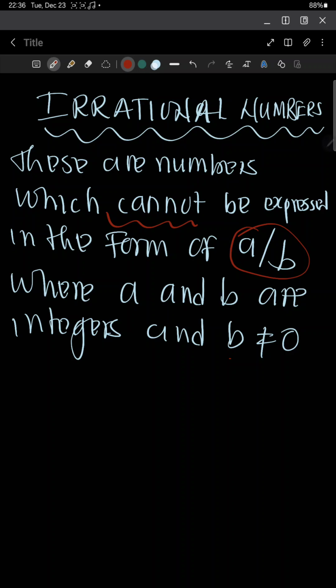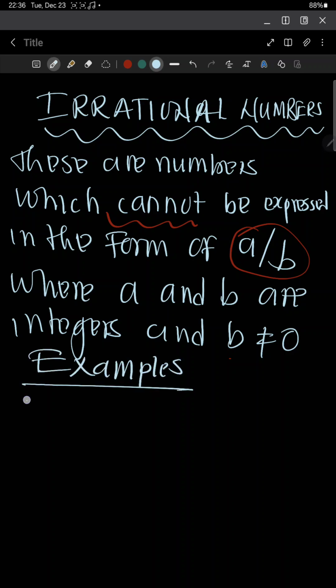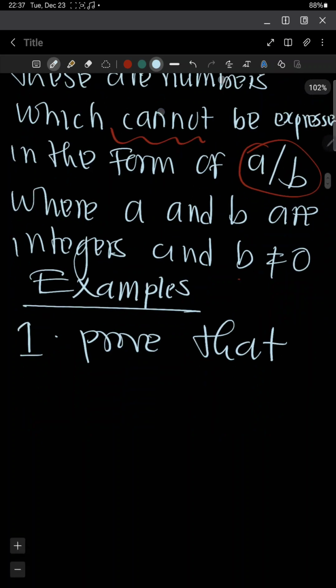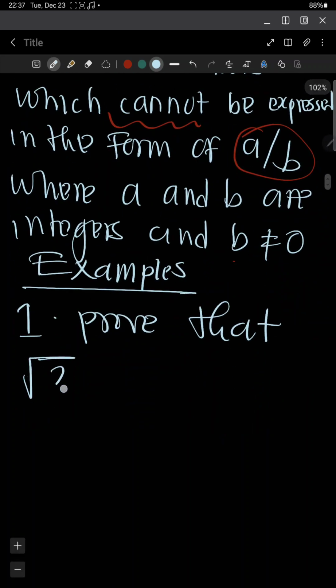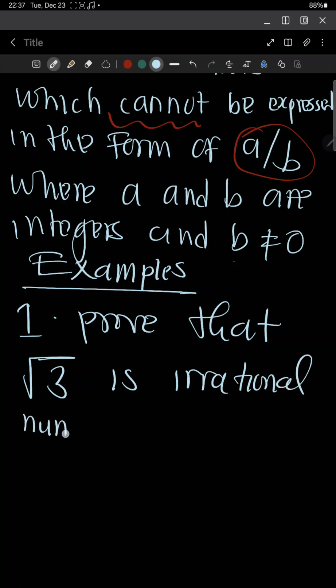So first example. Example 1, prove that square root of 3 is an irrational number. So how can we show this solution?